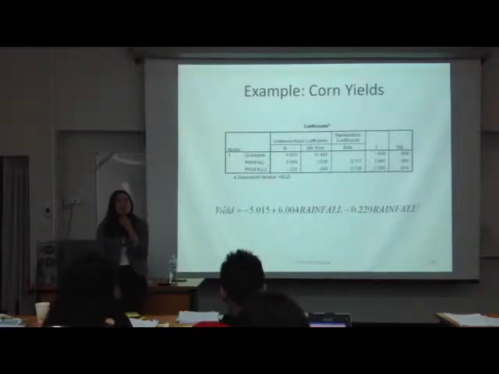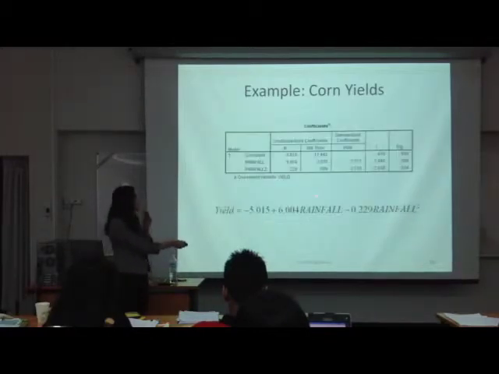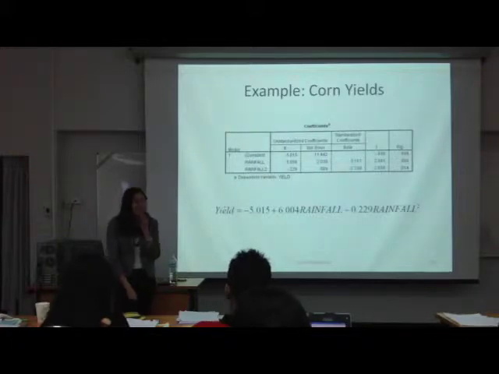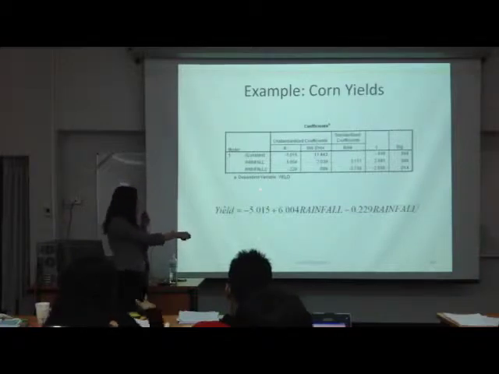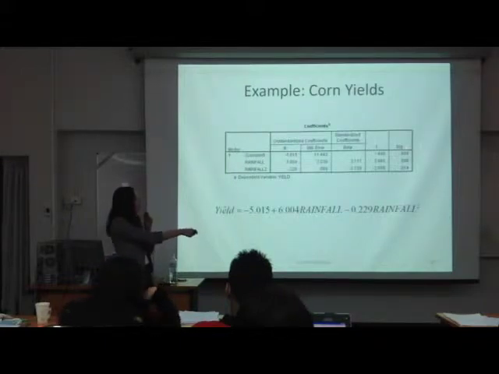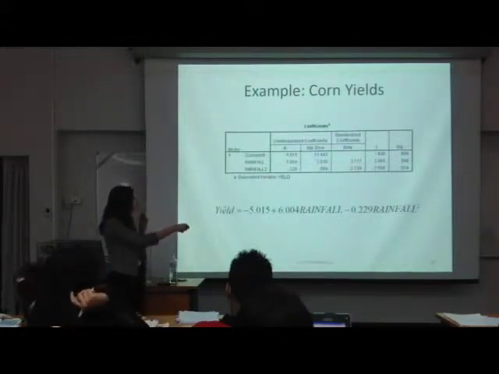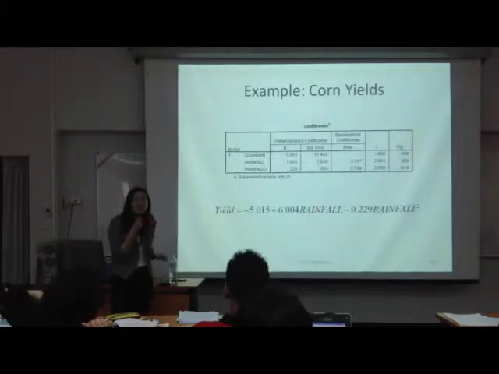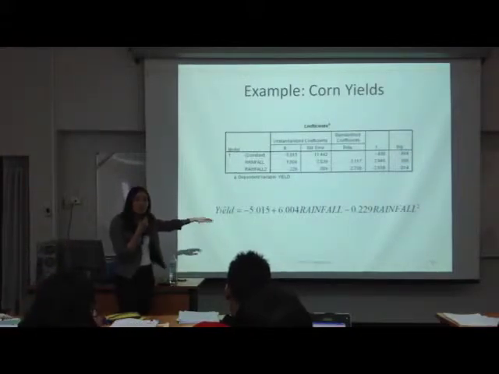Maybe that also doesn't make sense. And I believe that there shouldn't be any year that has rainfall equal to 0, right? Then you cannot interpret the B0 here. It's not appropriate. But we still keep the constant in the model, even though this term is not significant. Okay.